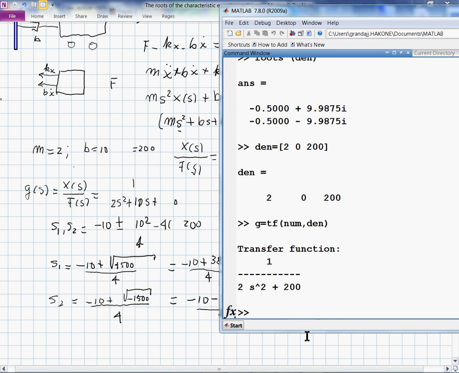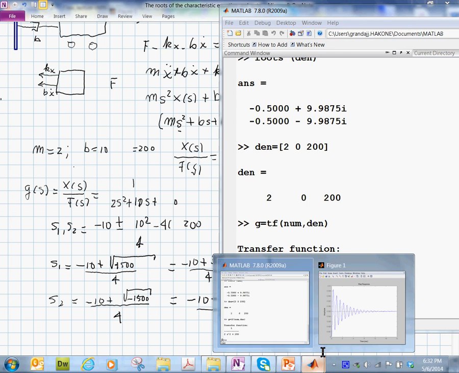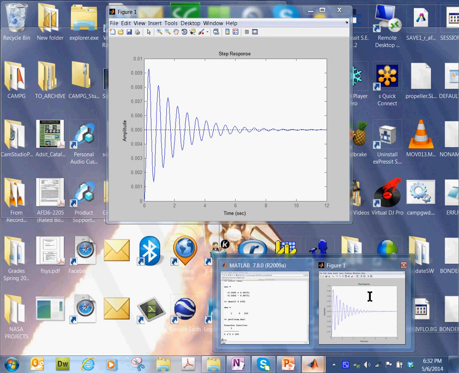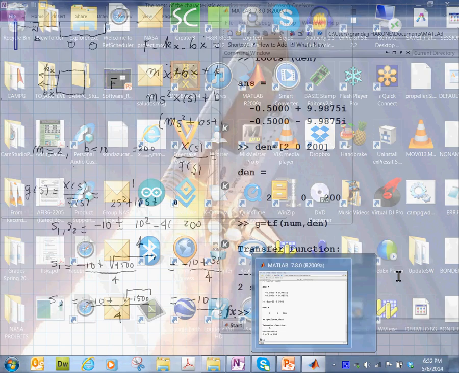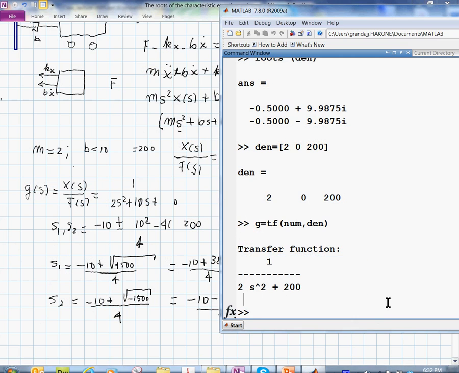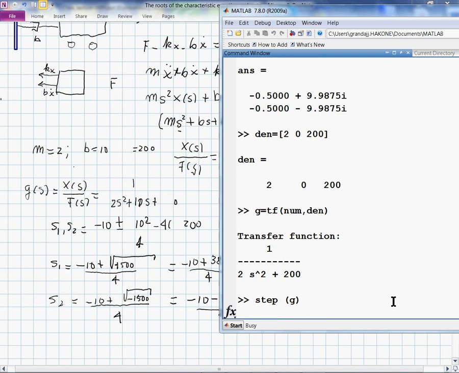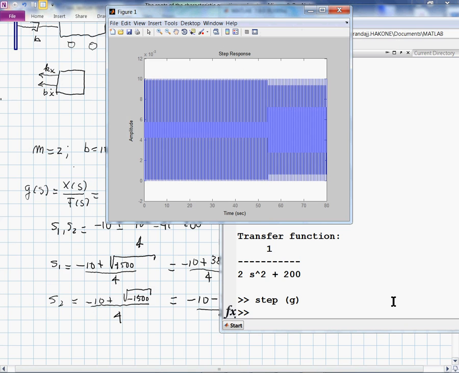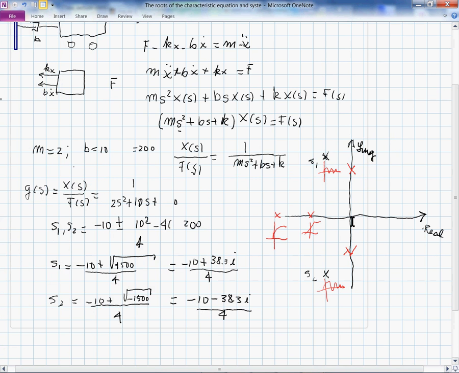And if I produce the response, remember it was like that, but now if I do the step response to this, look what happens. So we conclude that we have oscillations forever if the roots are over here.